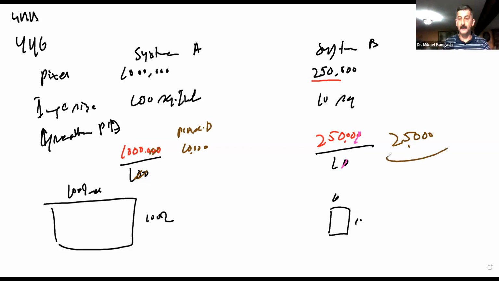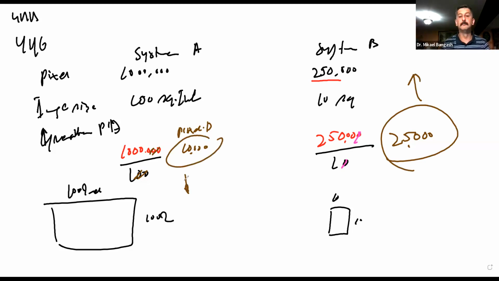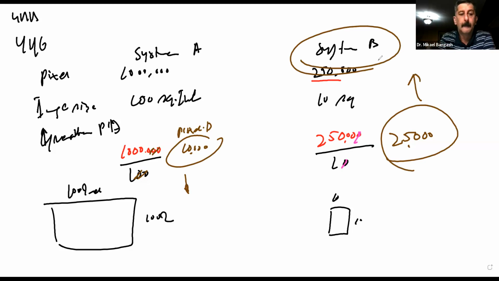Everybody can say that 25,000 is greater than 10,000. So system B has the greatest, I guess we show images with the greatest detail. Did that make sense? Yes.